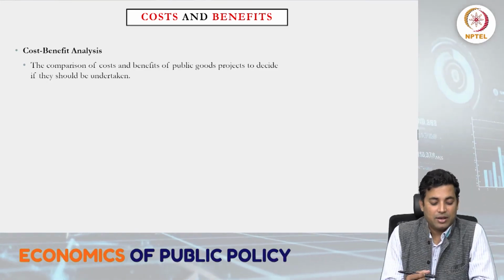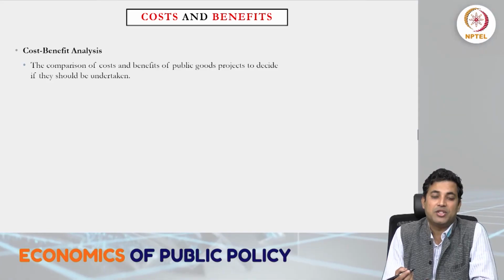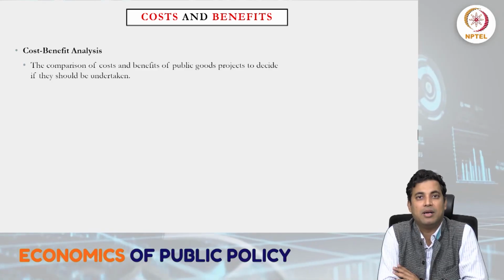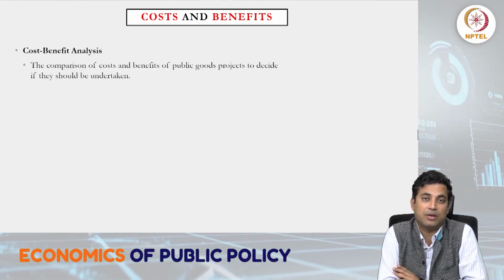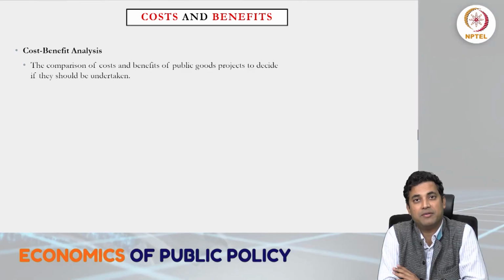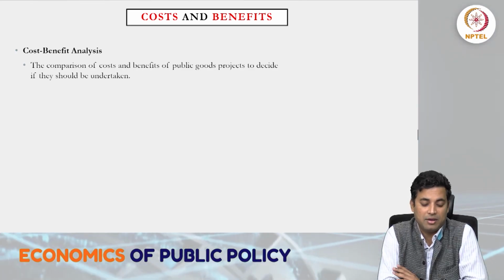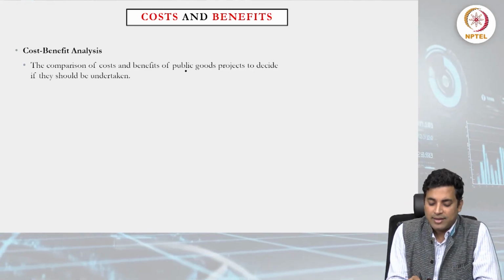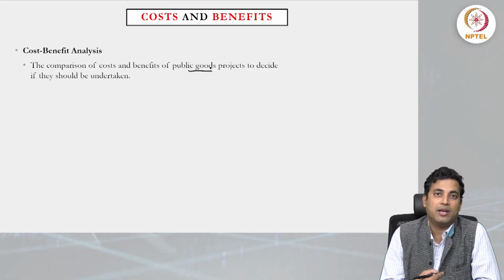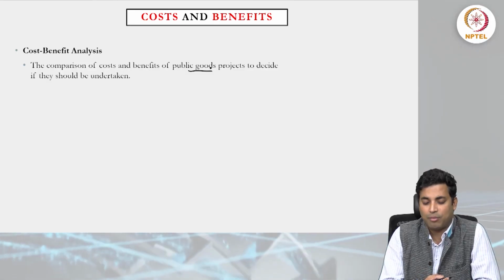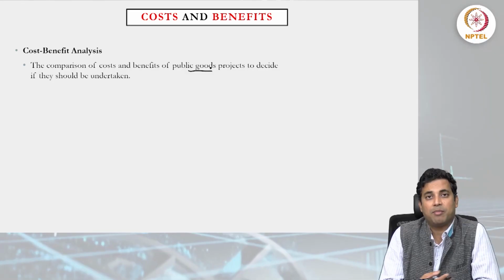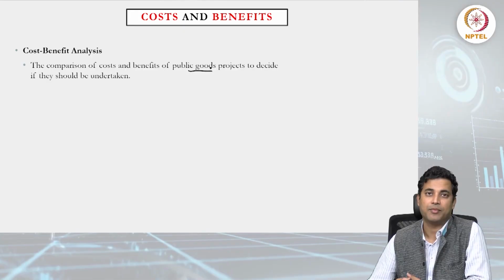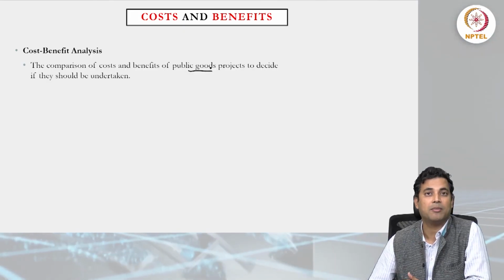So in this cost benefit analysis, as I mentioned, this is not only at the time of implementation. Even while framing the public policy, it is very necessary to calculate the costs involved and also the benefits we are expected to derive from the particular public goods projects. Public goods projects include roadways, bridges, national parks or private parks, or a water treatment plant.